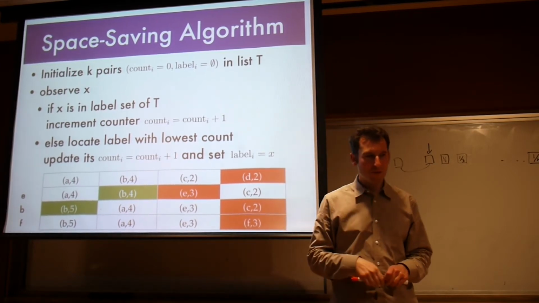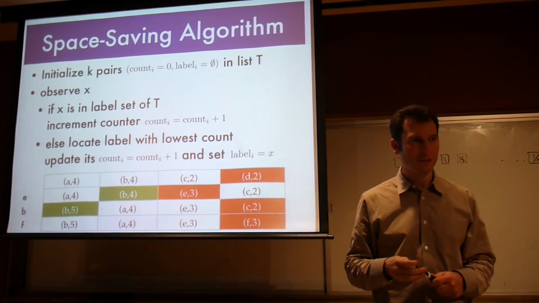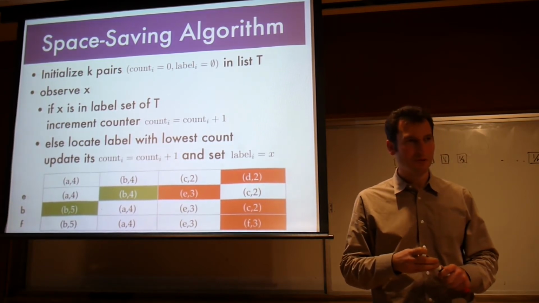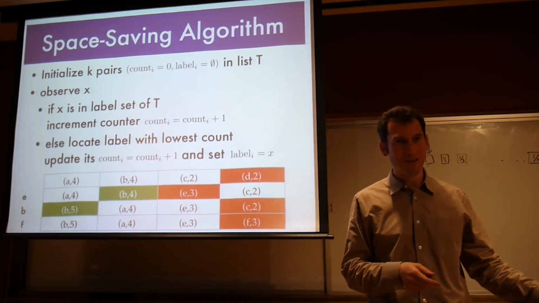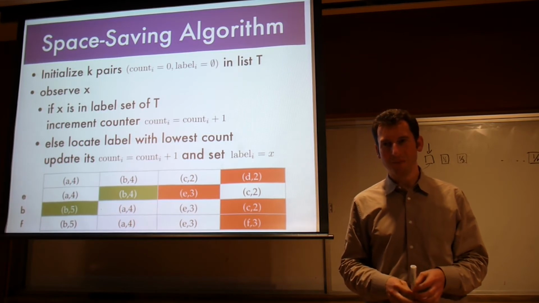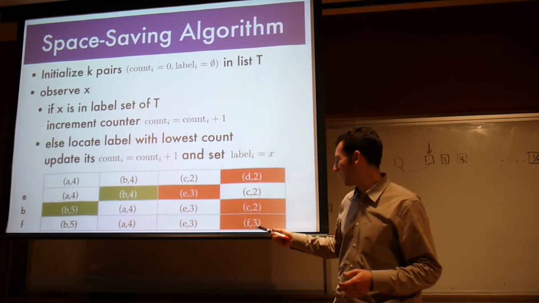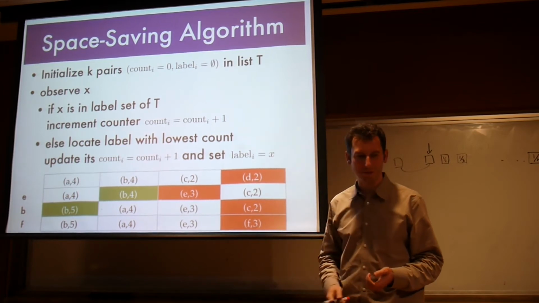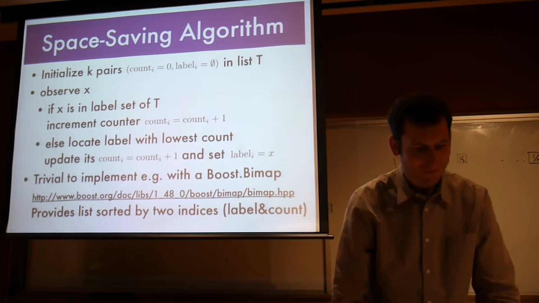Okay, so this sounds like a crazy algorithm to use for finding heavy hitters. After all, we are sometimes putting items into our data structure that might not have had only a single count, and we're giving them a ridiculously high count. So let's say F came in here and now it has a count of 3 and it may have only occurred once overall. So why does it work?